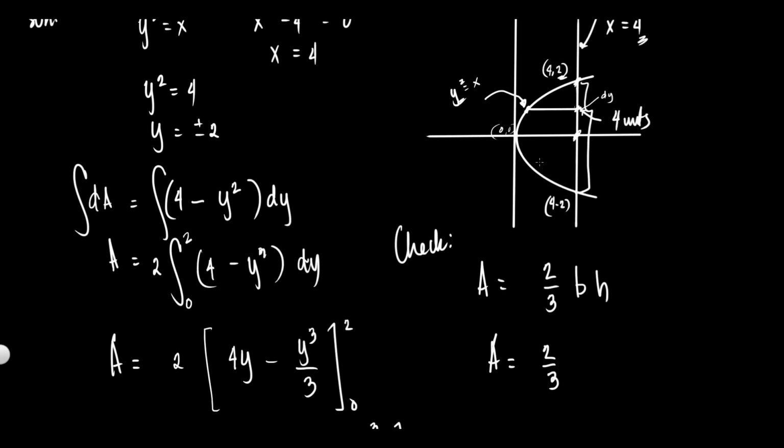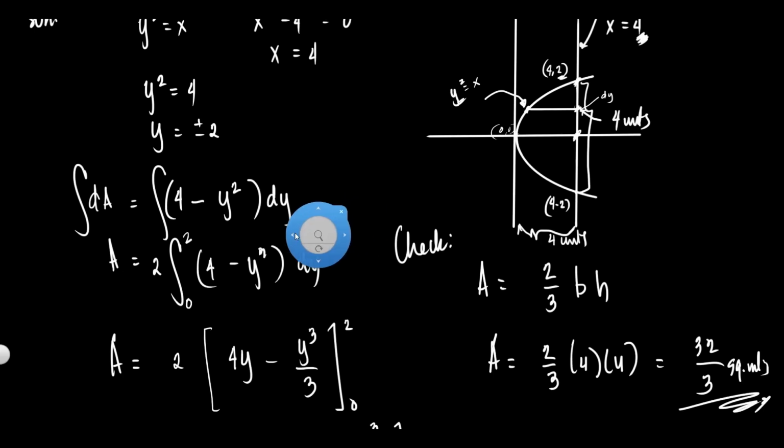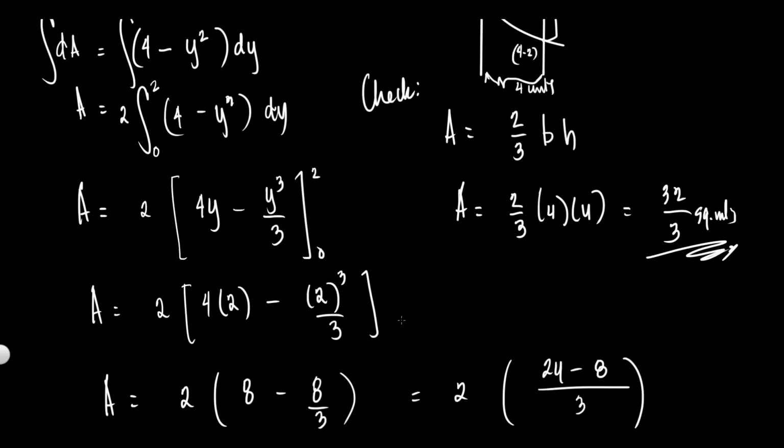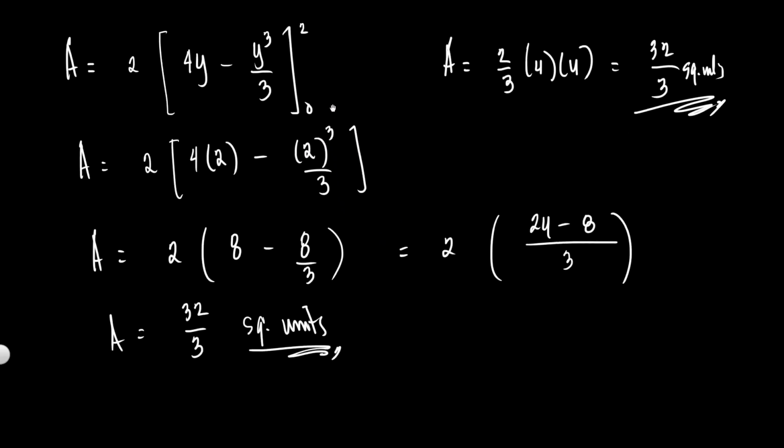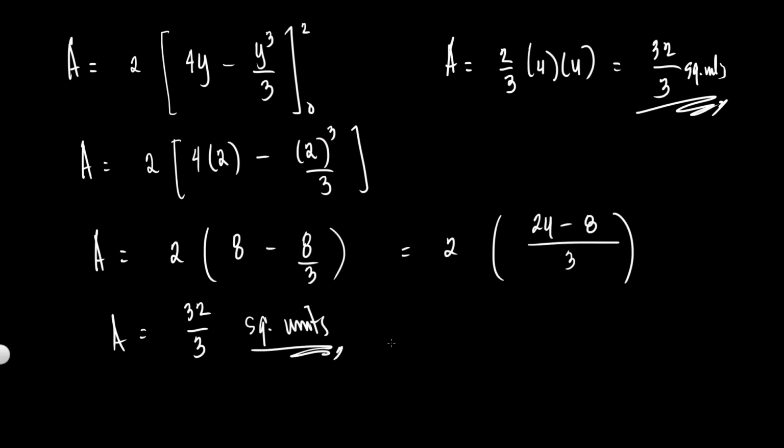And ito naman, ilan to? 4. From 0 to 4. So, 4 units yan. So, ang base natin is 4. The height is 4. So, we have 16 times 2. We have 32 over 3 square units. Same answer. So, tama. No? Tama yung ginawa natin na integration. Yes? O, yan yung ating final answer.